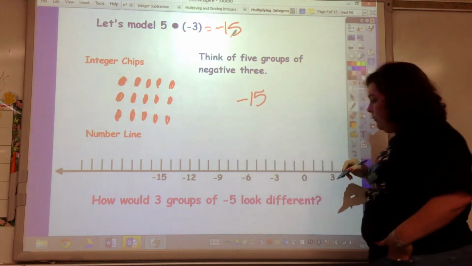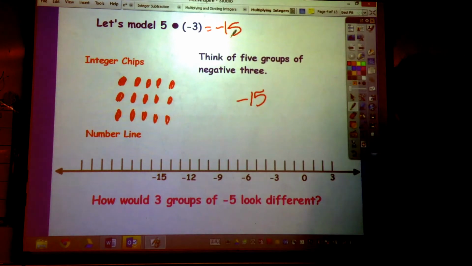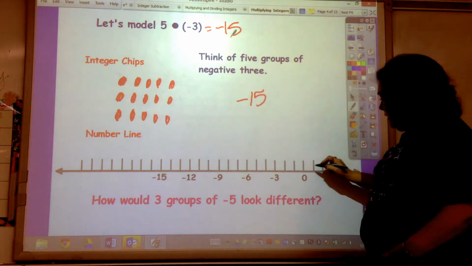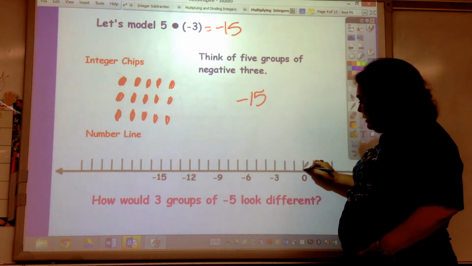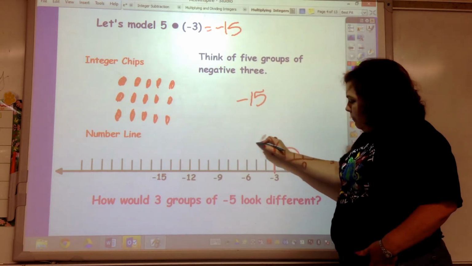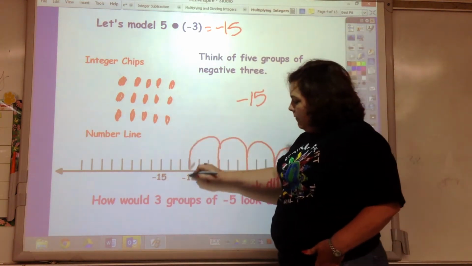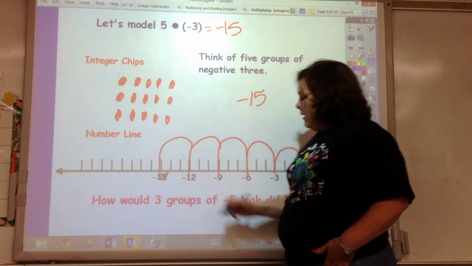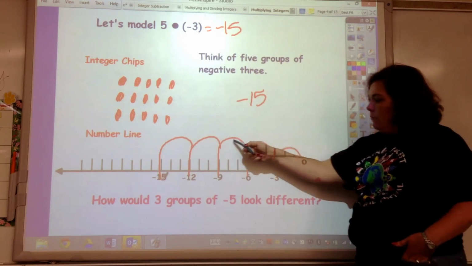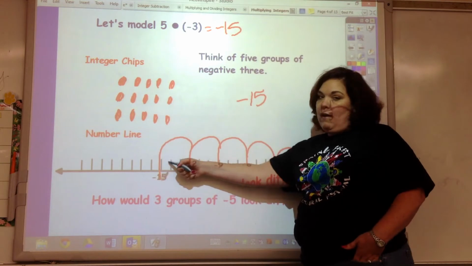How would 3 groups of negative 5 look different? I would say this is a group of 3, this is a group of 3, this is a group of 3, this is a group of 3, and this is a group of 3. So how many groups do I have? I have 5: 1, 2, 3, 4, 5. 1 group of negative 3, 2 groups, 3 groups, 4 groups, 5 groups.